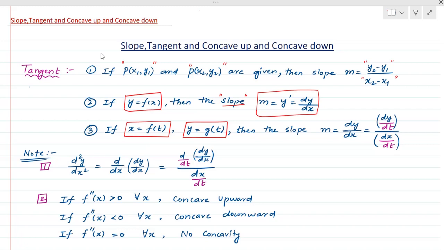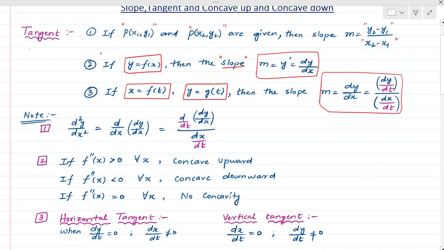After that, divide them and you will get the first derivative dy over dx. Here the common variable is t. Similarly, the second derivative we can calculate using the same rule, but I will write it as d over dt of dy over dx, divided by dx over dt. This is the second derivative formula.